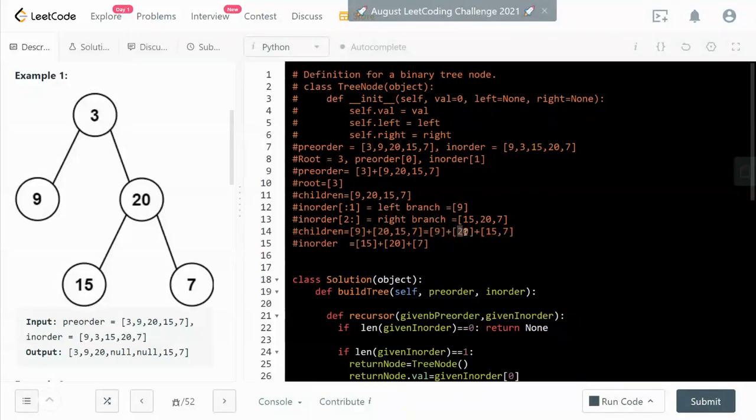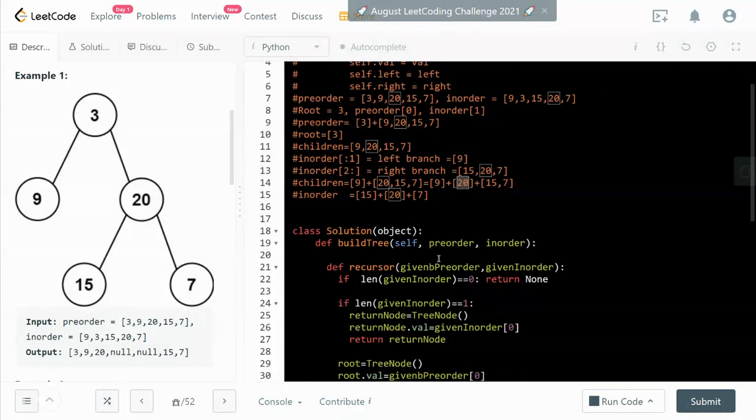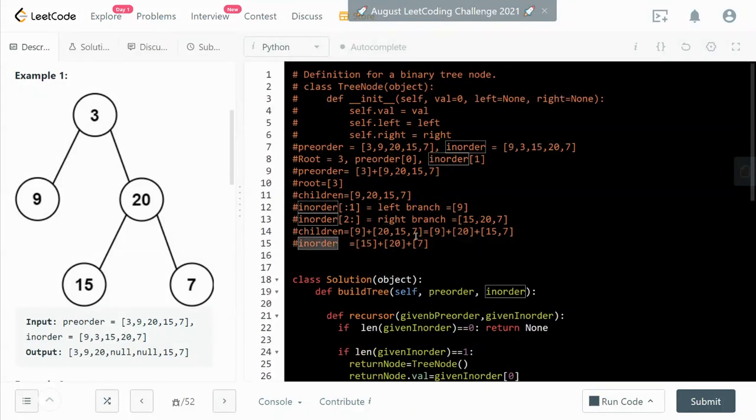So as you can see, 9, 20, 15, and 7. I think that's enough to get us started for the algorithm. And then the in-order is 15, 20, and 7. So we know that 20 is going to be the root node because in in-order it's coming second.